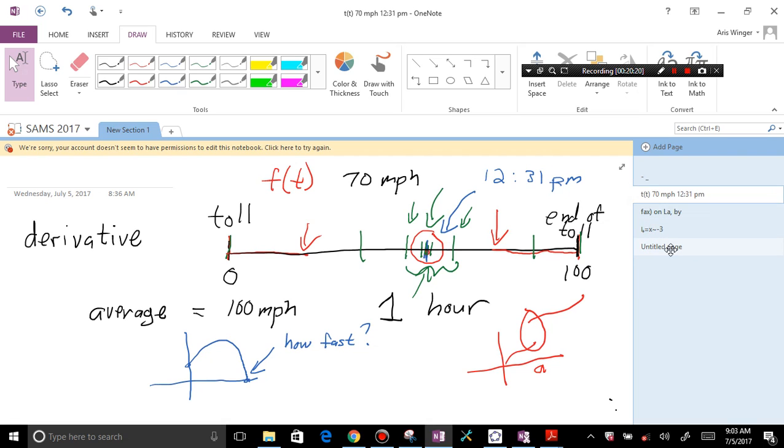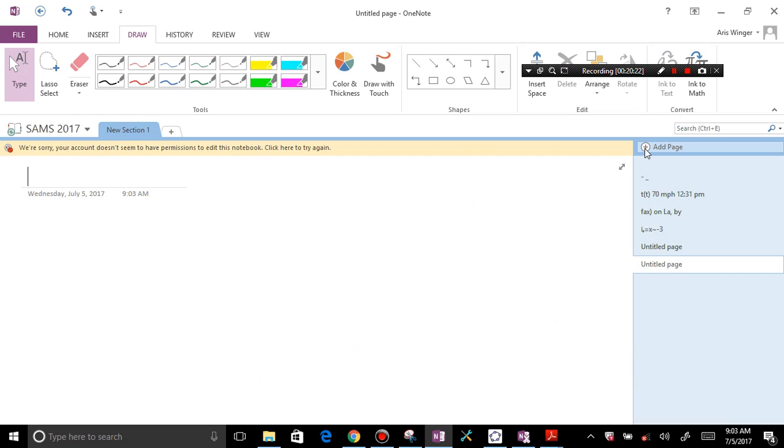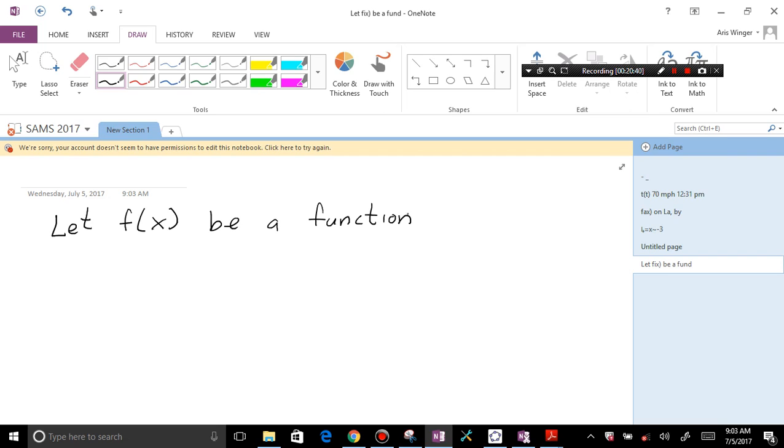We are going to need a function, let f of x be a function. So we want it to be well defined.